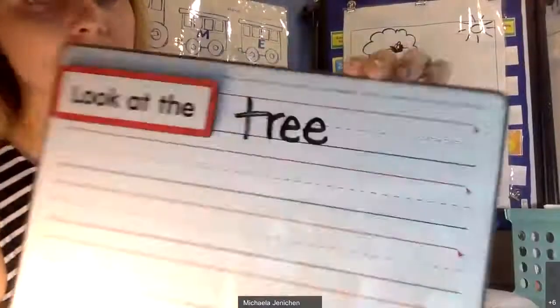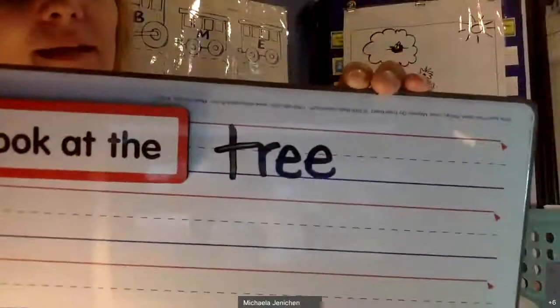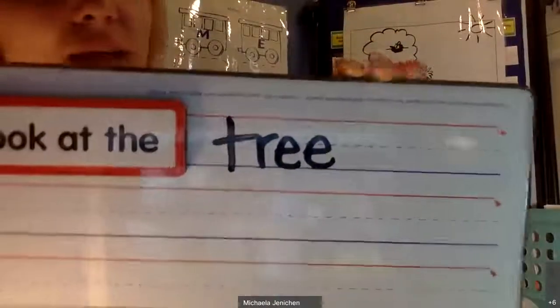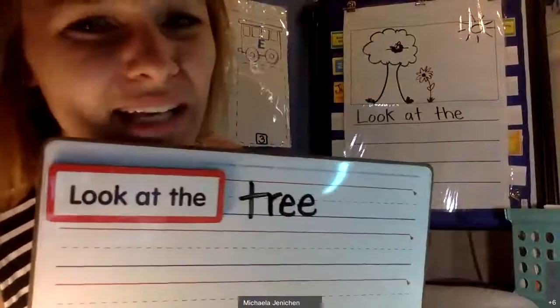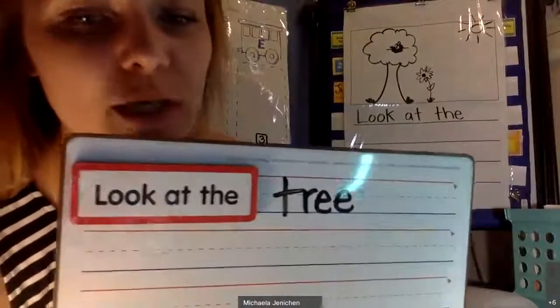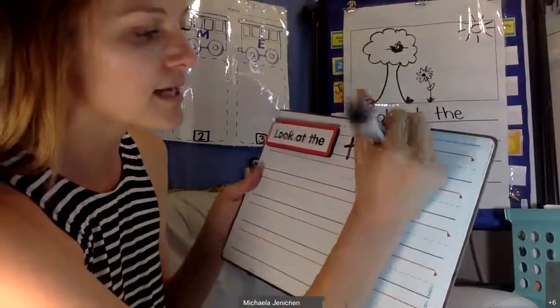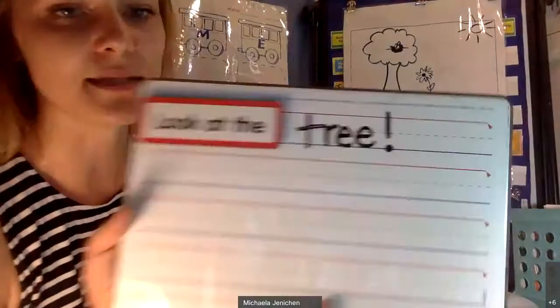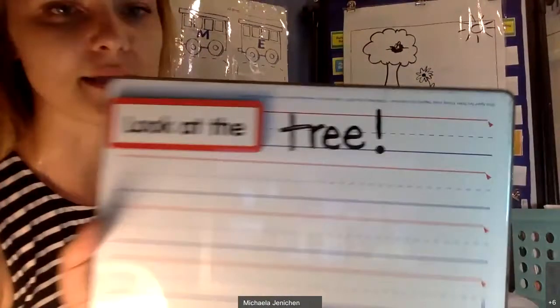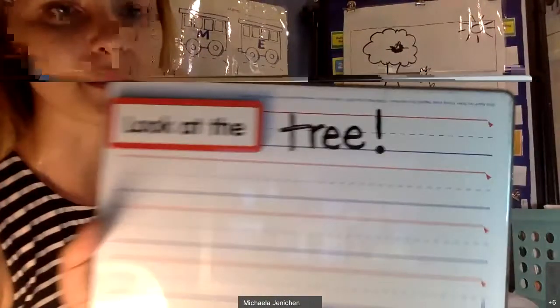Maybe something like this? Yeah. Tree. This is a weird beginning. Sounds super silly. Tree. Look at the tree. I might even put an exclamation point at the end because I'm excited about telling you. Right. Look at the tree.